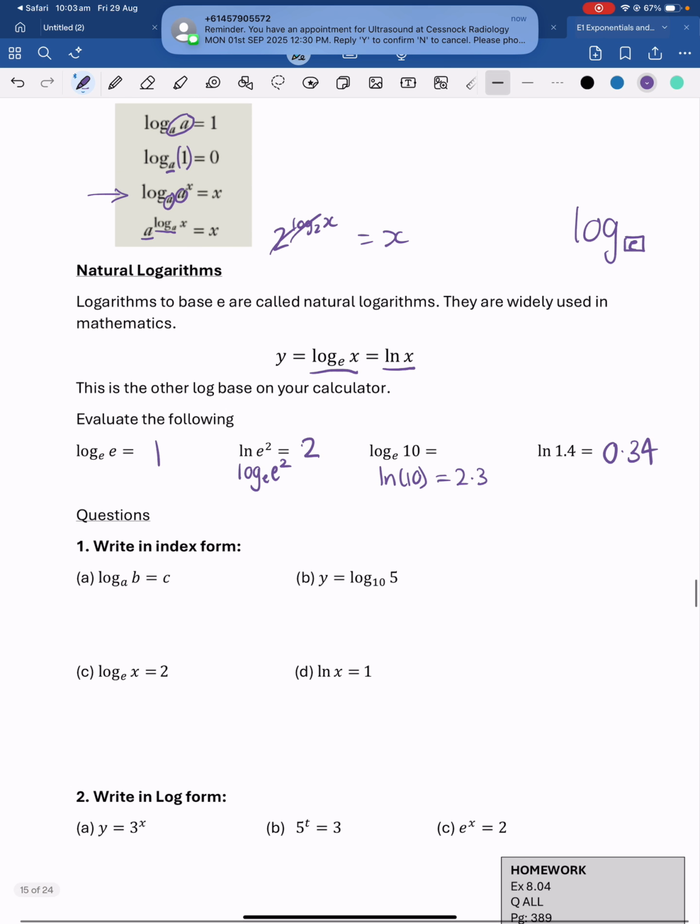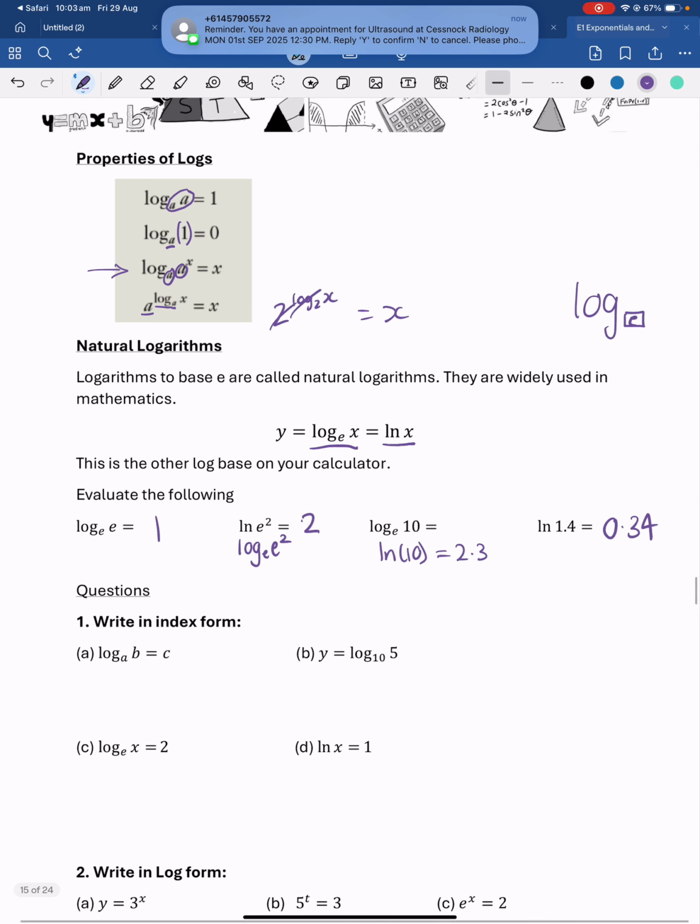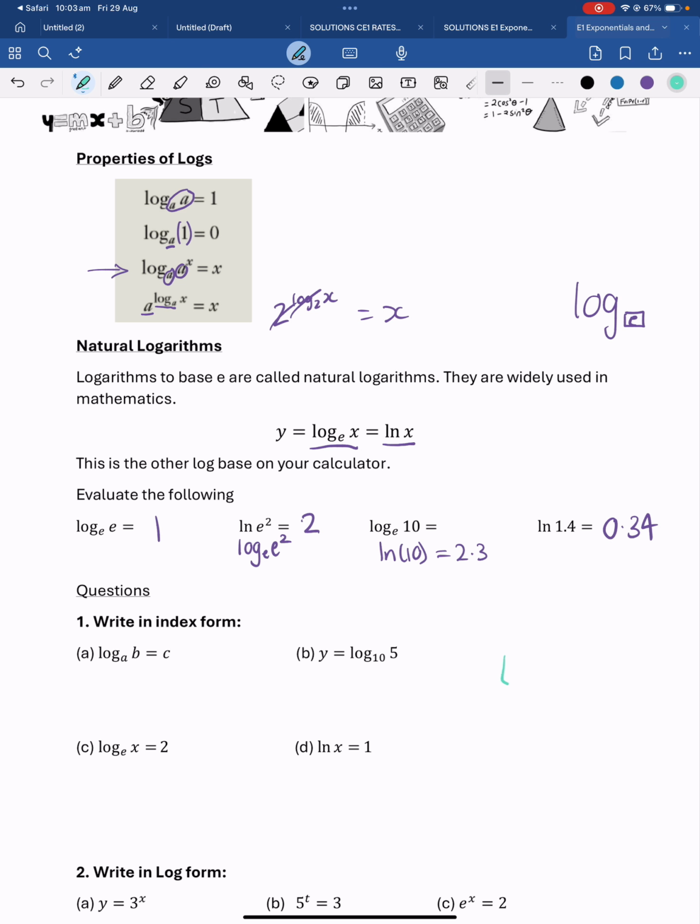Now, one thing I want you to know is you've got 2 buttons on your calculator. You'll see there is a log button and there is an ln button. What are they? The ln button we've discovered, that is really log base e. So if you have a question and it asks you to calculate log e of something, you can just press the ln button and then the number. The log button though, it lets us do log with a base 10.